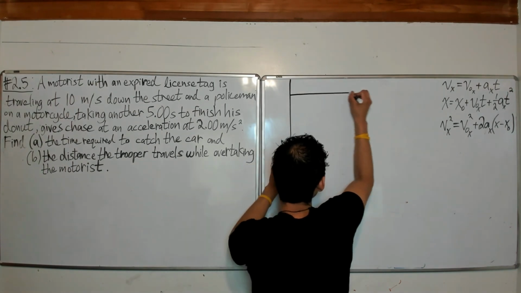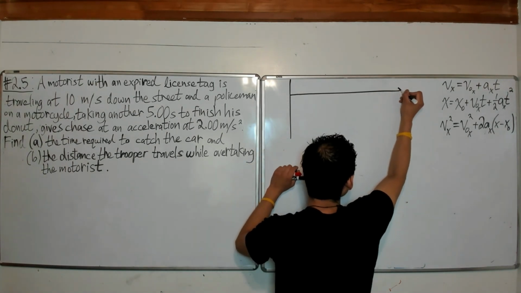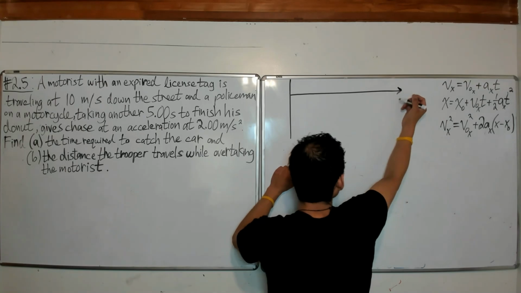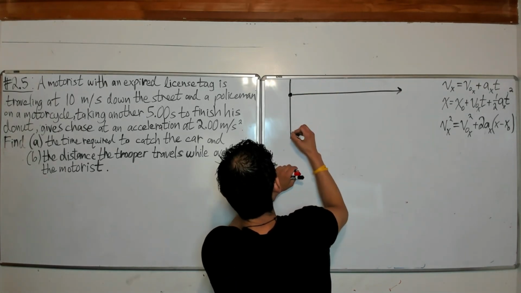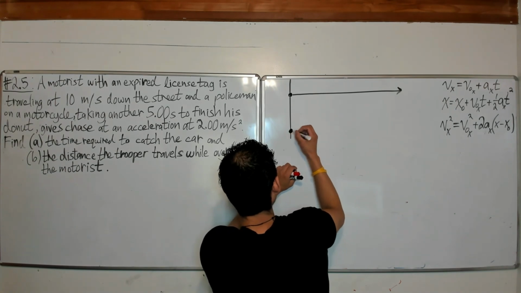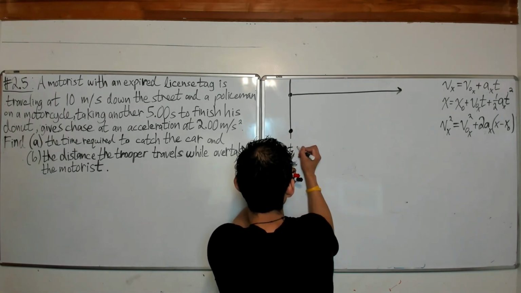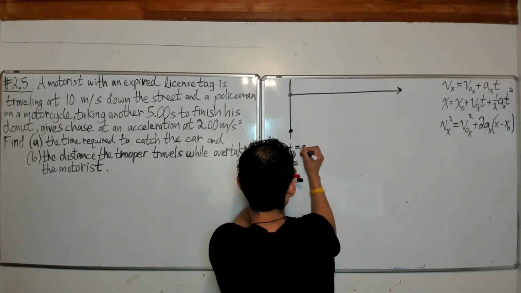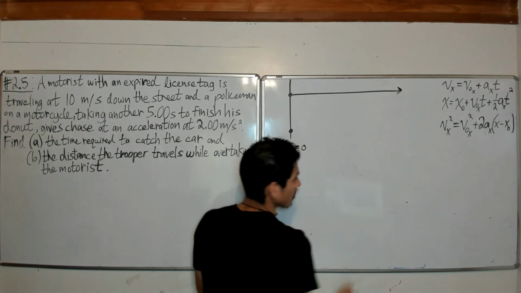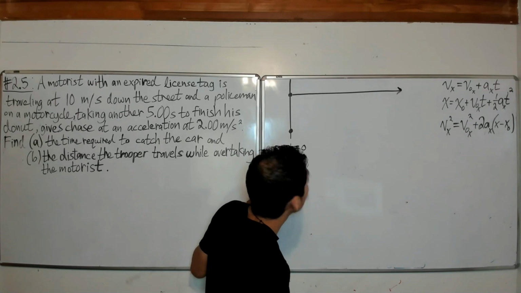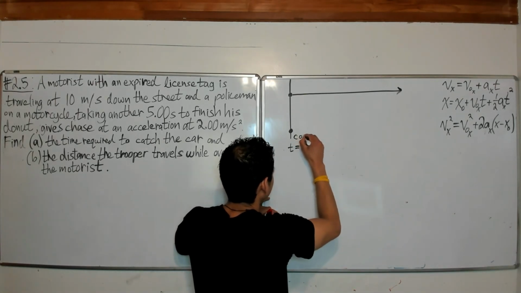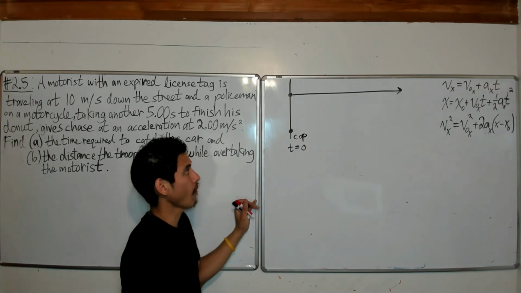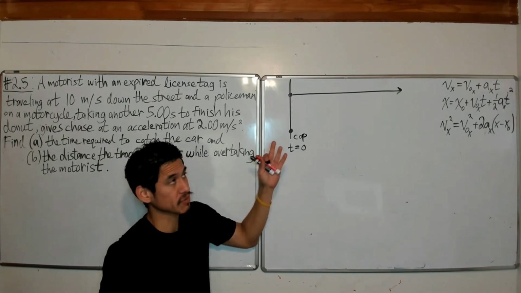So here we have, this will be the motorist. This will be the cop. And this line will be when t equals 0, at the start. Now, at t equals 0, the cop is on his motorcycle and he needs to finish his donut, so that's why he doesn't take off right away.